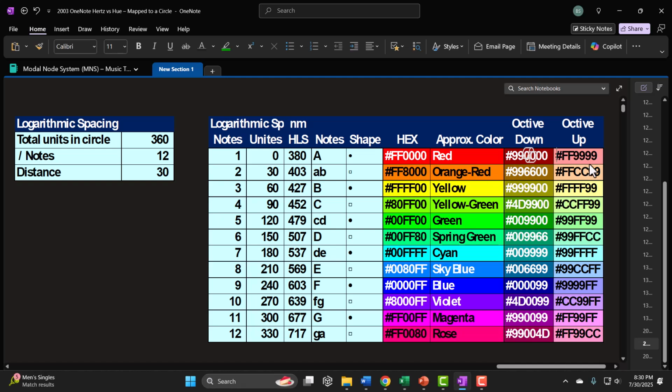Same hue, lighter color. When I go to the left on the piano and I have the same A, same hue, but now a color that's closer to black, a darker color. Same hue, we adjusted a different factor.